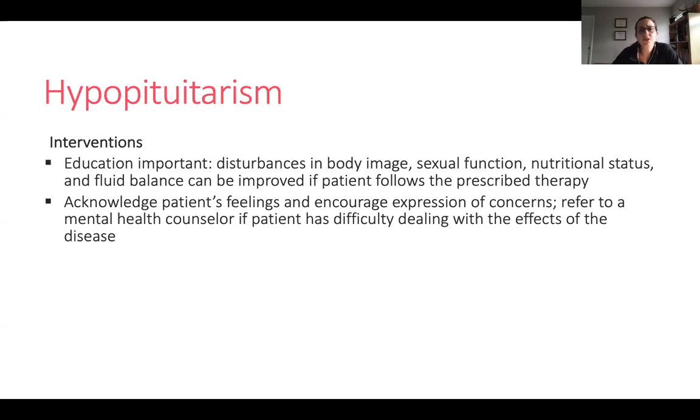And then also on the prescribed therapy that they might be taking, replacement hormones for all of those deficiencies that we talked about. So making sure that they know what they're taking, when they need to take it, things like that. And then encourage their expression of their feelings and concerns. They might need mental health counseling and other resources like that.